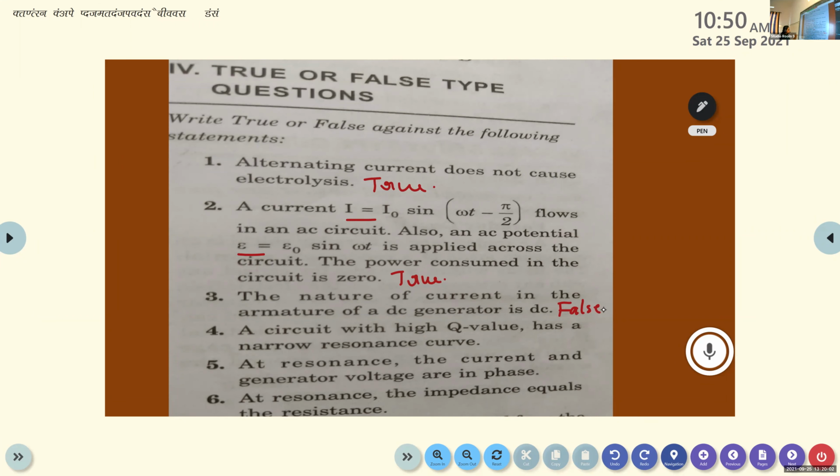Narrow resonance means it is not wider. We get a sharp curve. This is the resonance curve, the graph of resonance, the sharpness of resonance. If the resonance is not sharper, we get a wider graph like this. A narrow resonance curve is a sharp curve.